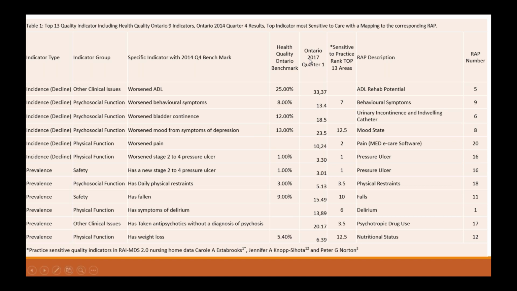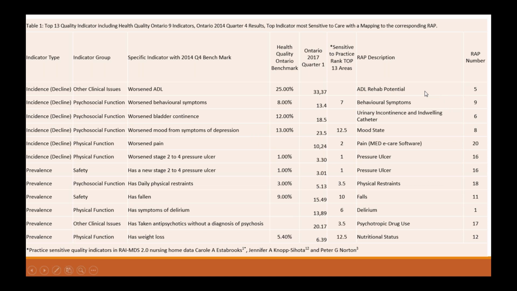And in the most recent data from Ontario, 2017 quarter 1, you can see that the current status is 33%. So they're still working towards that goal. There is also a RAP that's related to ADL, and it's called the ADL Rehab Potential at RAP number 5.